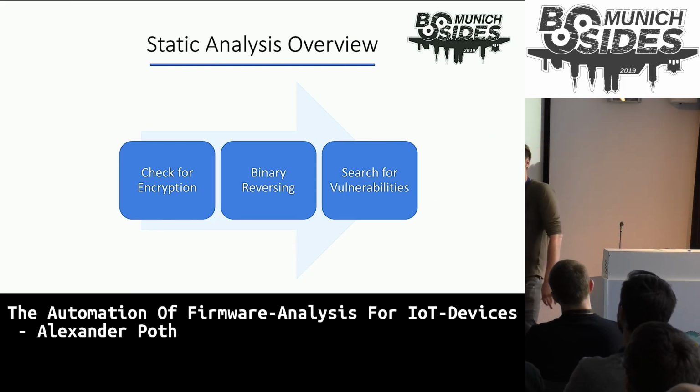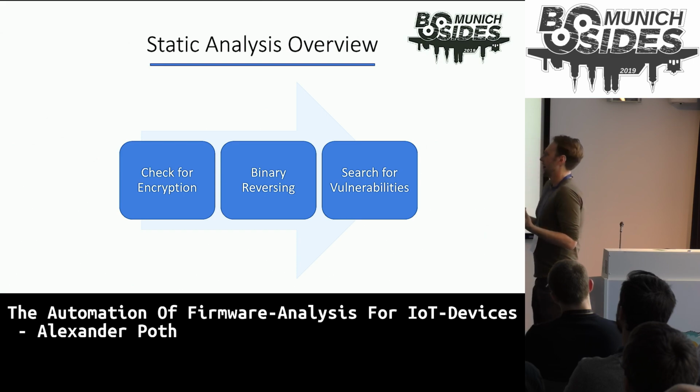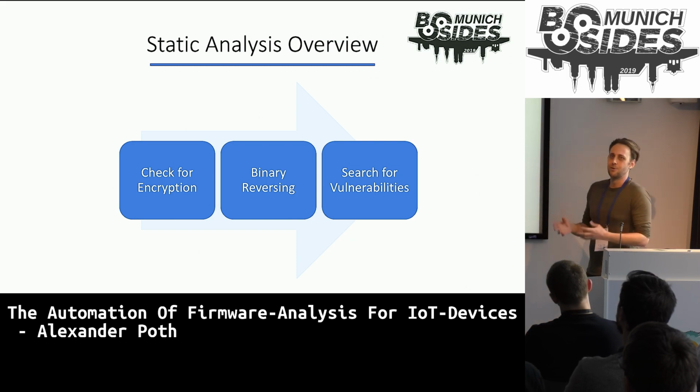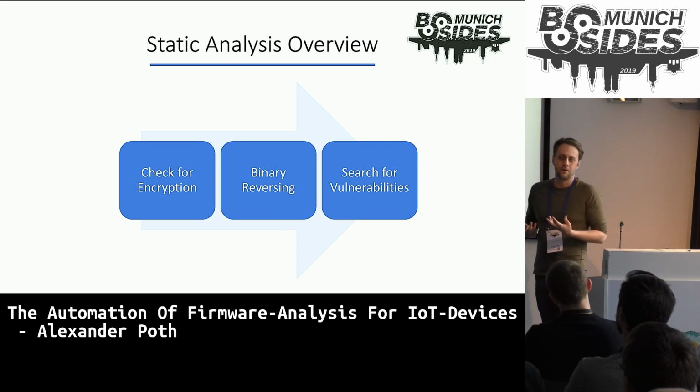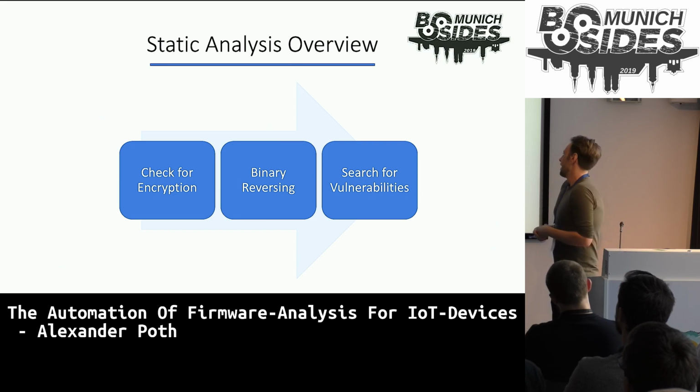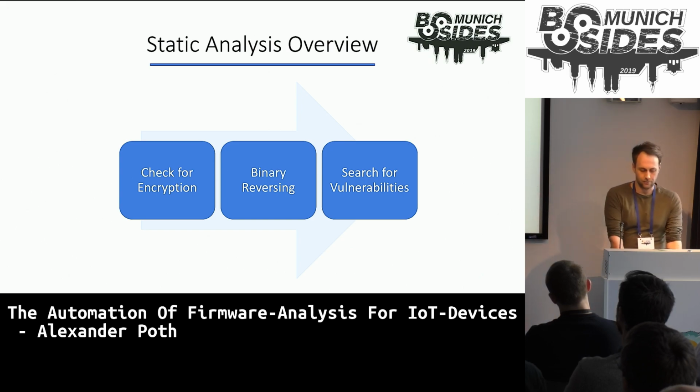Of course, we can check whether the encryption algorithms are weakly implemented or something like that, but mostly we can't get any useful information out of it. But if the firmware is not encrypted, we can try to reverse the whole file system out of the binary, and in our case, that's our Linux file system. And if we did that, we can search for any interesting files, for any vulnerabilities.